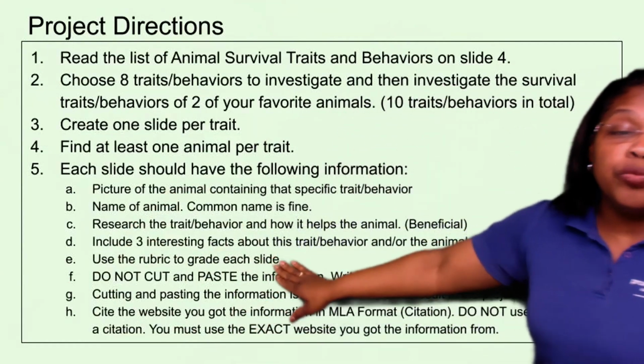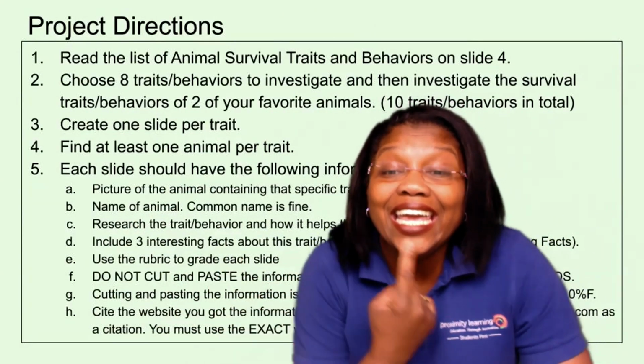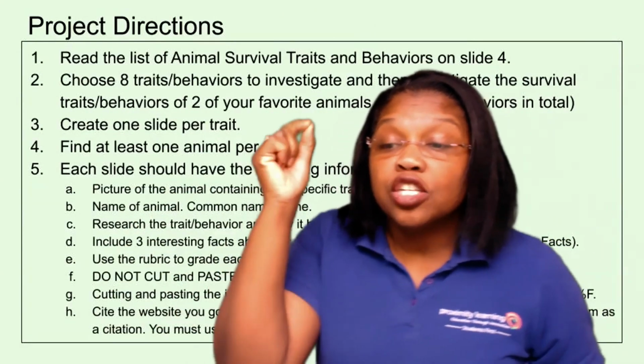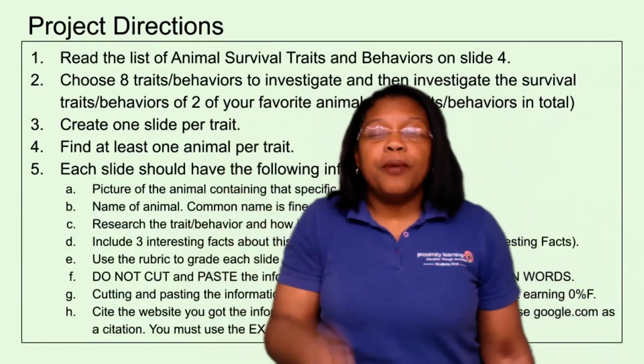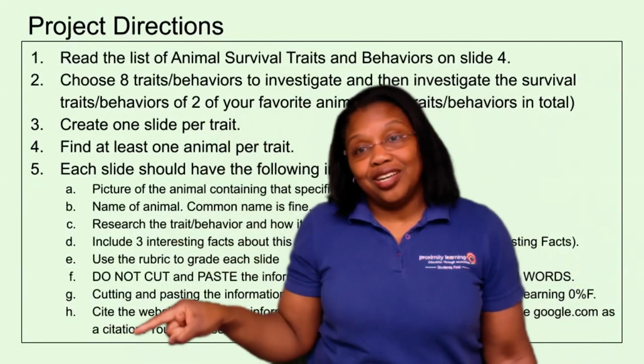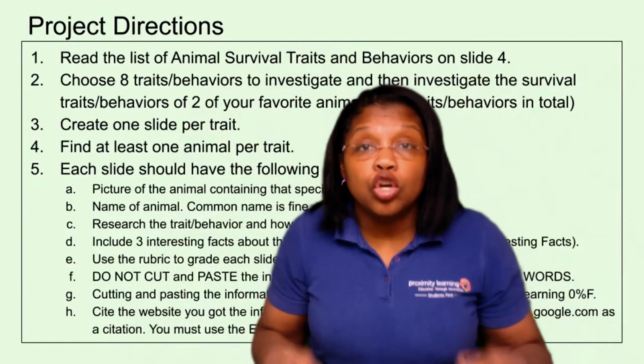Each slide should have a rubric. Notice, each slide has a rubric because you've got to grade yourself. Why am I making you do this? Because everybody should be getting an A on this project. Everybody should be getting an A on this project because you are grading yourself.